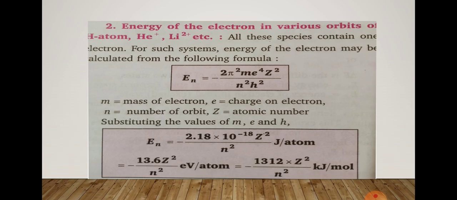For the helium ion, what will be Z? Z will be 2. For the lithium ion, what will be Z? The atomic number of lithium is 3. So Z² means 3² and n will be 1, 2, 3 and so on. Thus, the energy of the electron in various orbits of these species may be calculated in joule per atom or joule per molecule, etc.